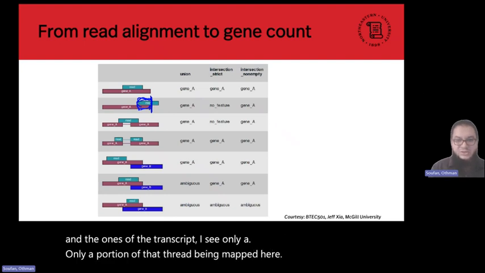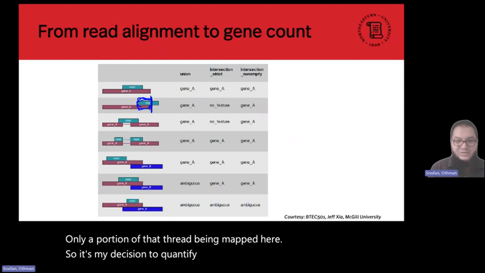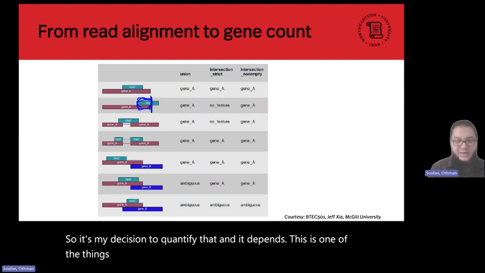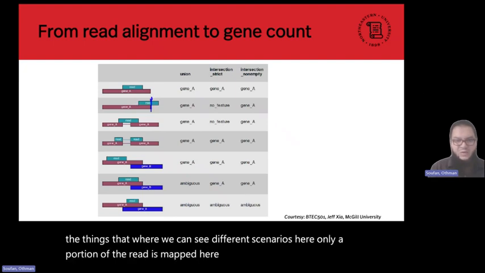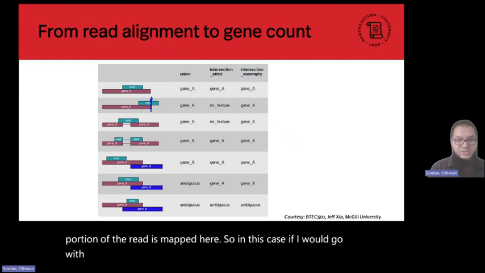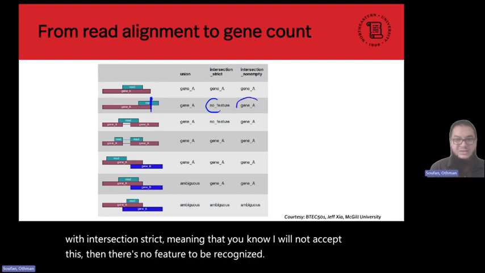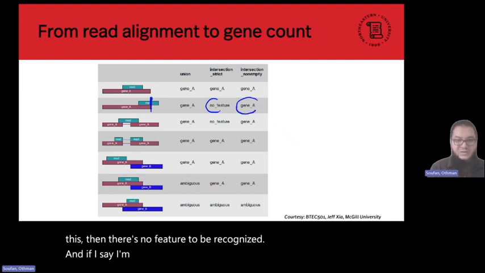So it's my decision whether to quantify that, and it depends. This is where we can see different scenarios. Only a portion of the read is mapped here. If I go with intersection strict, meaning I will not accept this, then there is no feature to be recognized. And if I say I'm fine with that, then I know it's matched to gene A.